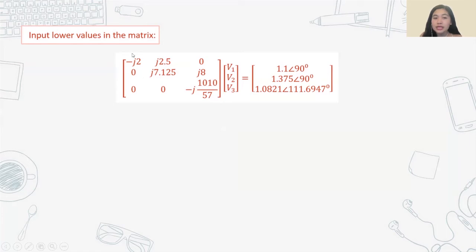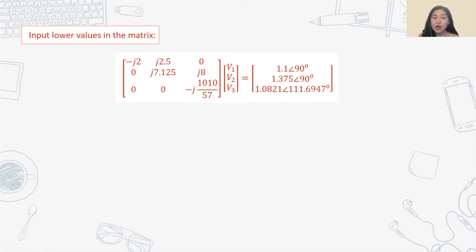So simply put, our U12 is negative J2, and so on and so forth. We are just going to substitute everything that we solved earlier for the upper matrix, U12, U22, U23, and U33, in our 3 by 3 matrix over here.